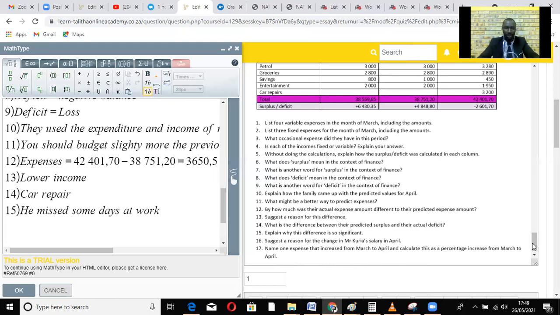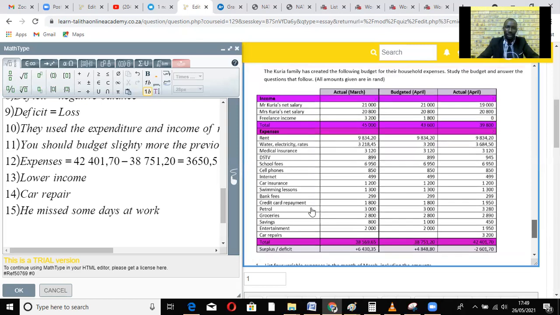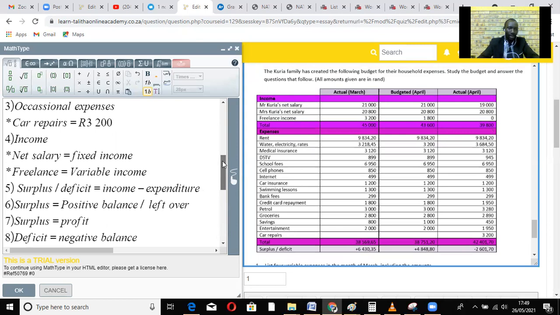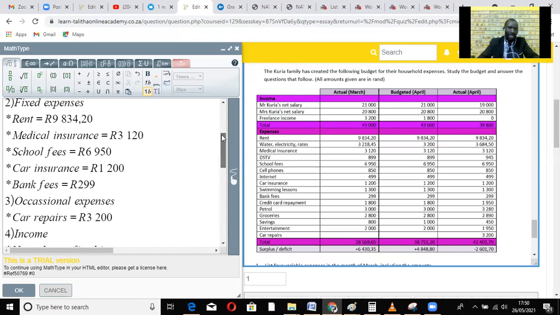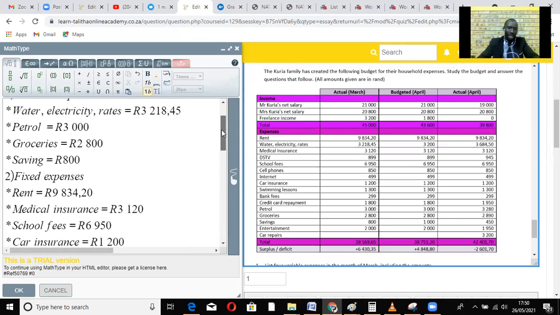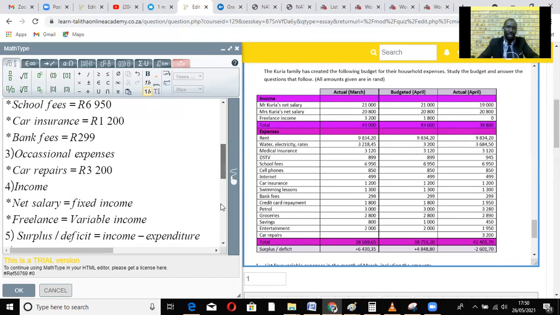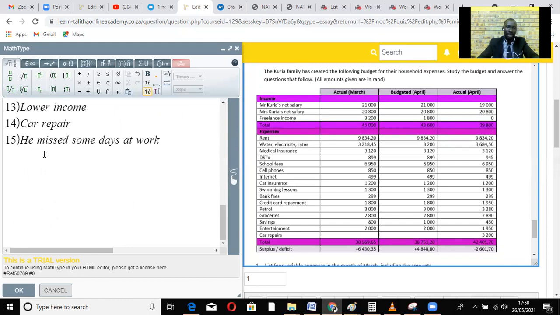Let's check through. We have already calculated this, so we really don't need to go through that again. The first expense was water, electricity, and petrol at 3,218.